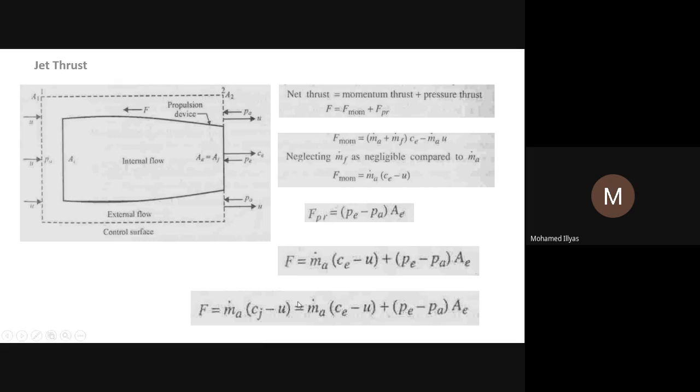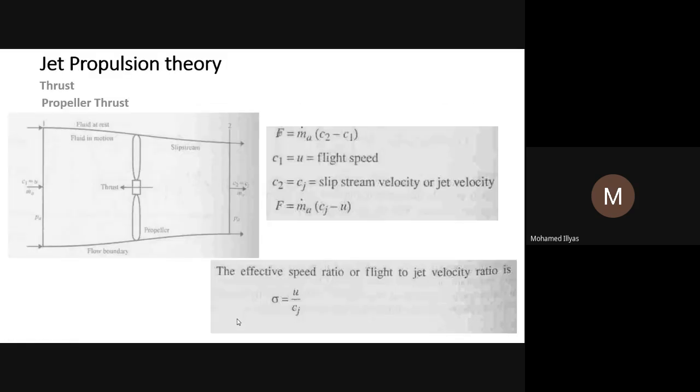Sometimes we'll make C equal to Cj. In that case, we'll use F equal to m dot A into Cj minus U. So based on the data, sometimes we'll take C equal to Cj and use m dot A if the mass flow rate of the fuel is negligible. In that way, we'll use the relation for jet thrust as well as propeller thrust.